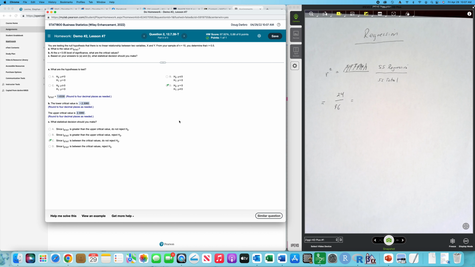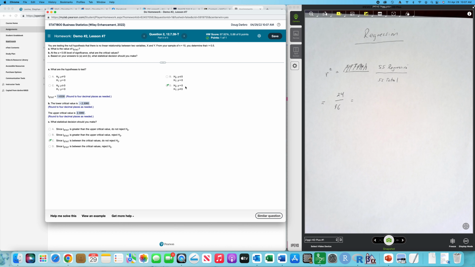So here we are testing the null hypothesis that there is no relationship between the 2 variables, sample size 10, correlation coefficient is equal to 0.5. So that R equal 0.5 is the correlation coefficient. So the first thing we do is we select the appropriate null and alternative hypotheses. So the null hypothesis is that rho is equal to 0.